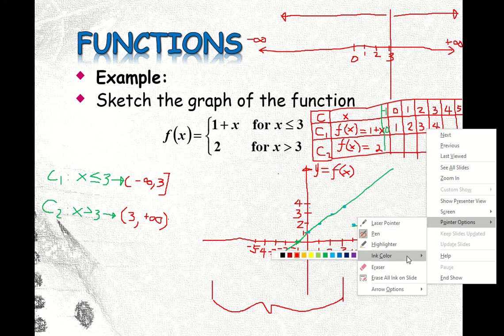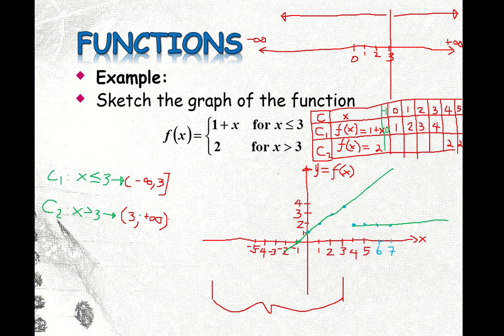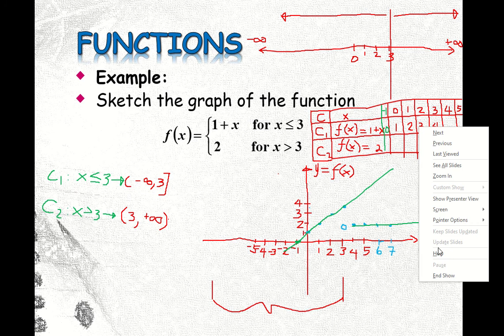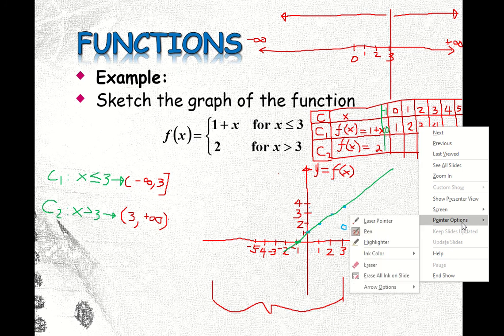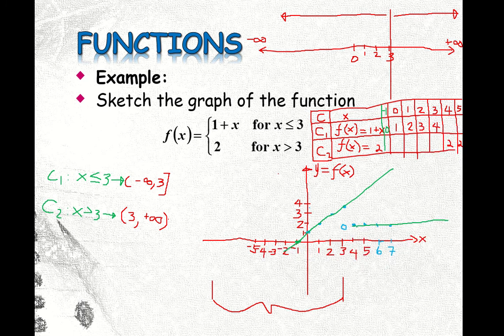Or another way of presenting it is, okay, in color. So this one, meaning this is a hollow. This is a hollow here. Okay, so it means that three is not included.